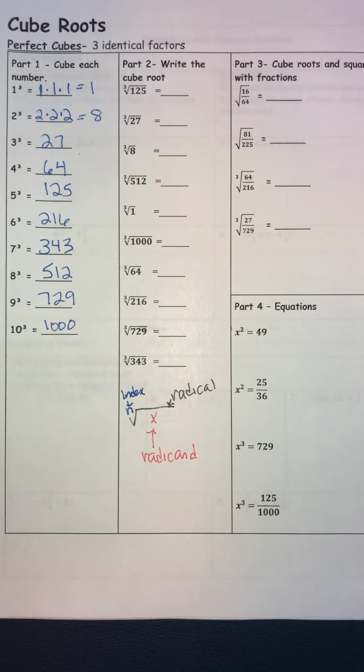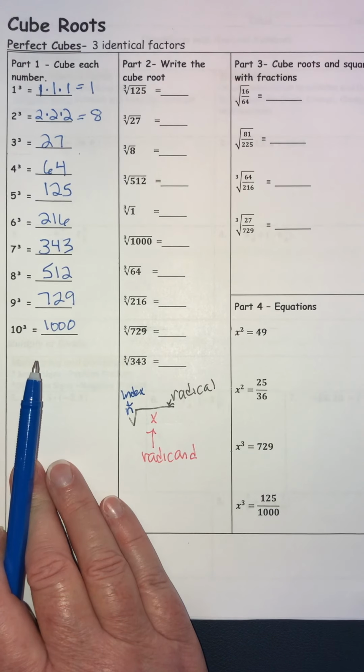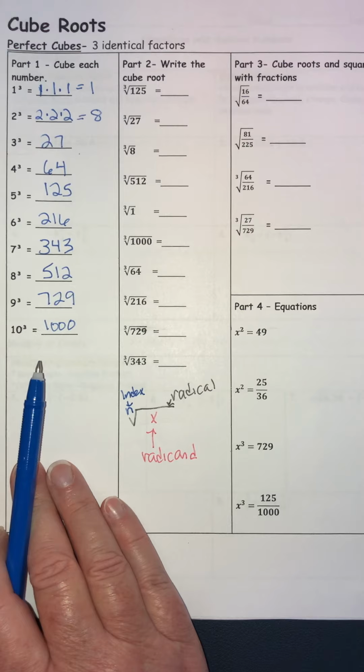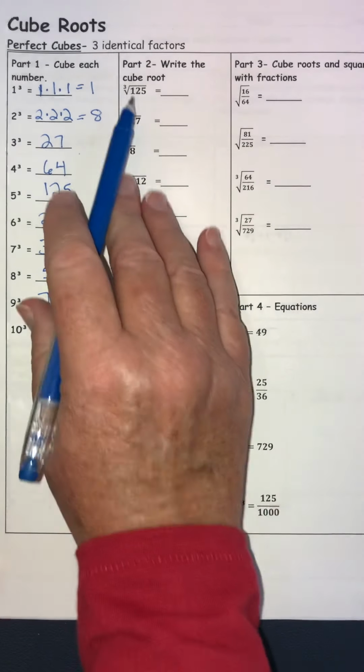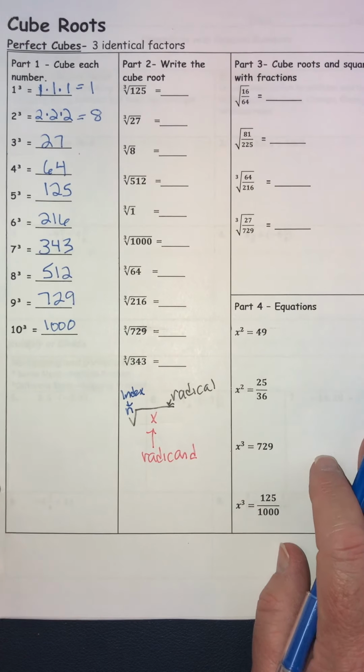Okay, so the first one, I have to decide what number multiplied by itself 3 times is going to equal 125. And I know, if I look over here at my cube numbers, my number is going to be 5, because 5 times 5 is 25 times 5 equals 125.